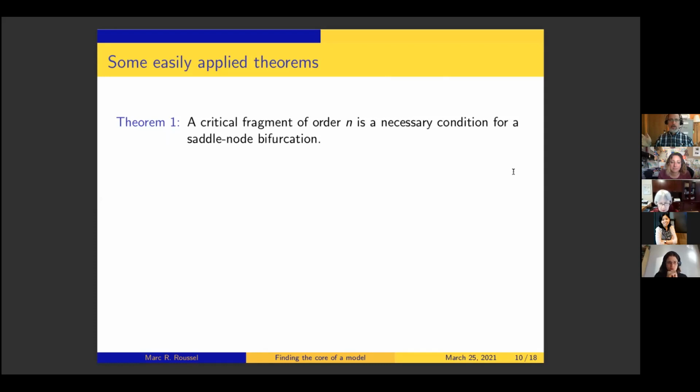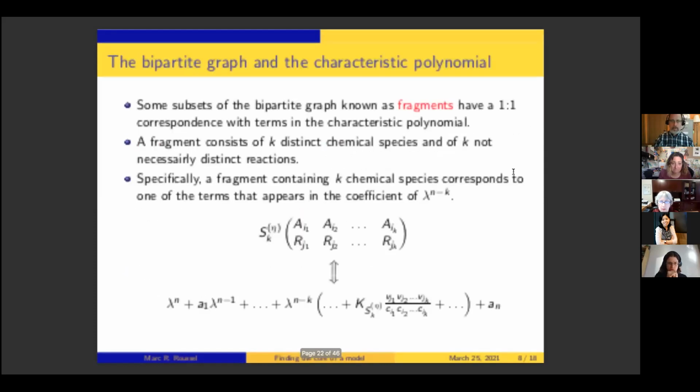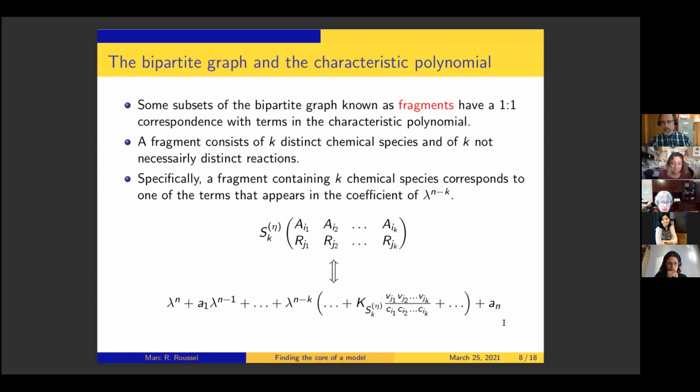So if you want to think of it in terms of the characteristic polynomial, maybe I'll go back here for a second. This term over here, if you want a saddle node bifurcation, this term has to pass through 0. And the only way that's going to happen, remember the critical fragments are the ones that have a negative k, is if there's at least one term in here that has a negative sign.